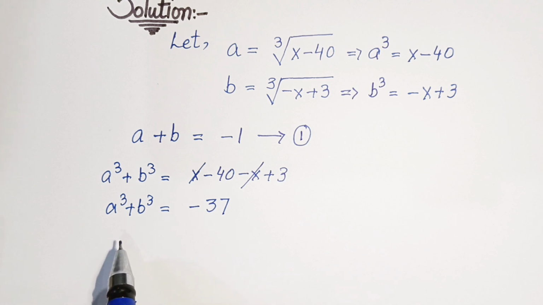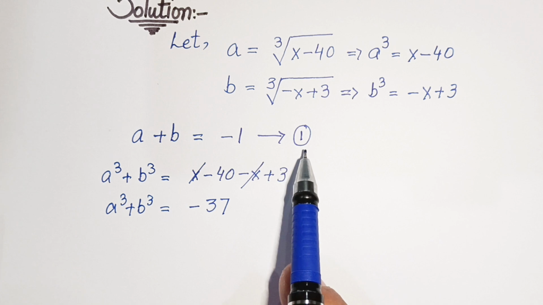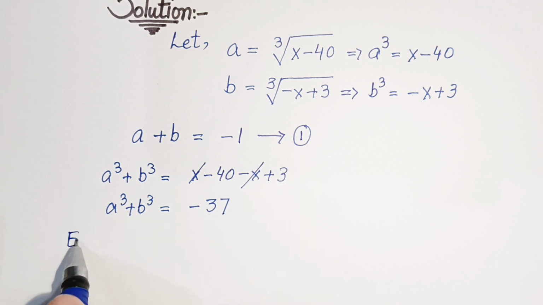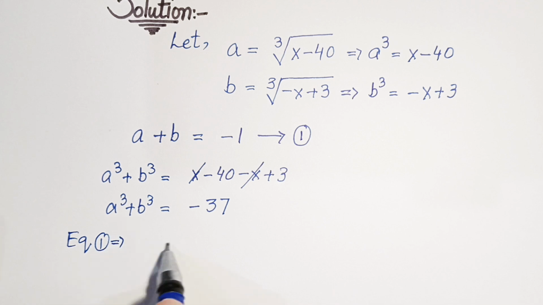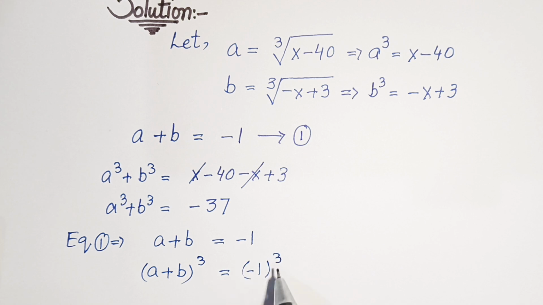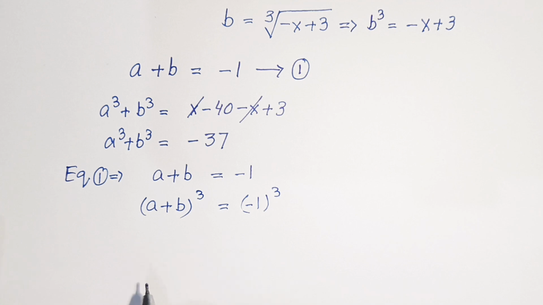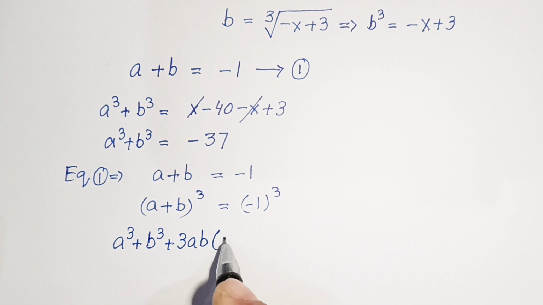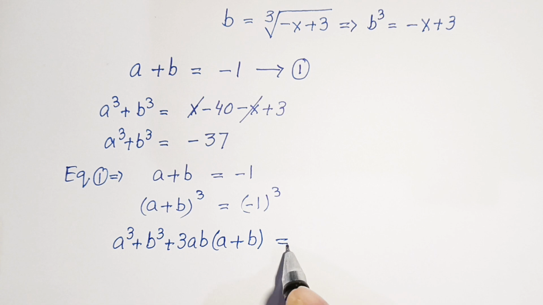Now let us take cube of equation 1, which says a plus b is equal to minus 1. Taking cube on both hand sides, we have (a plus b) whole cubed is equal to (minus 1) whole cubed. According to the identity, (a plus b) cubed is a cubed plus b cubed plus 3 times a times b times (a plus b), which is equal to minus 1 cubed, that is minus 1.